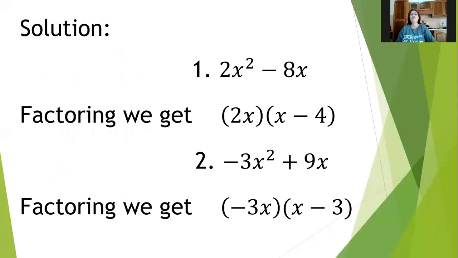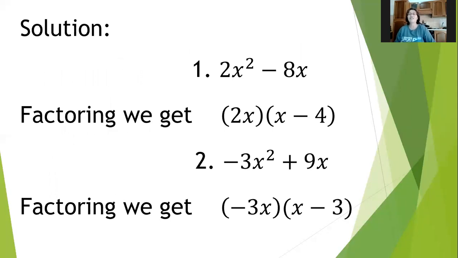Now, for the first one, we have 2x squared minus 8x. As I've said, we have to find the common monomial factor. Now, the factor of 2x squared is 2x. And also, the factor of negative 8x is also 2x.